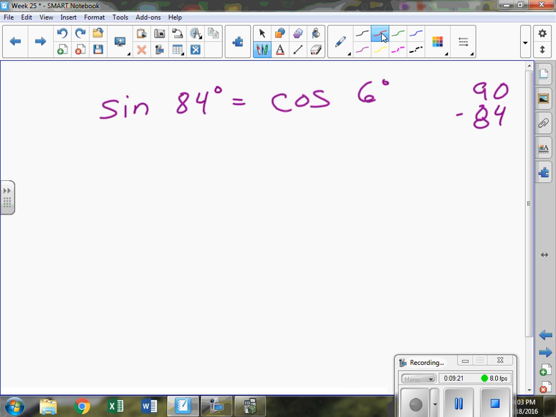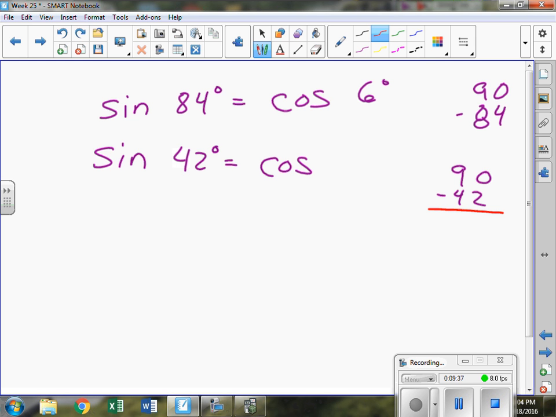Okay, let's think of some others. The sine of 42 degrees. Sine will be turned into cosine, 48, and we simply have to subtract that off of 90. 90 subtract 42 gives us 48.